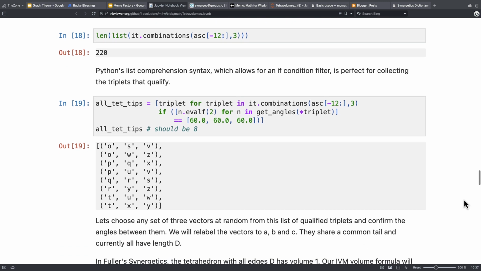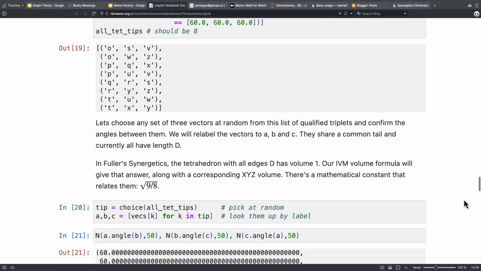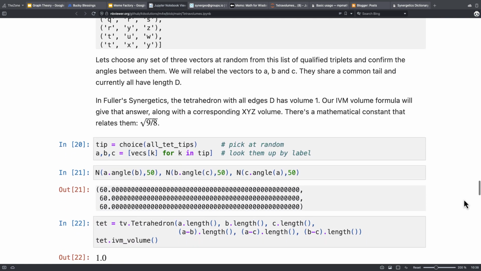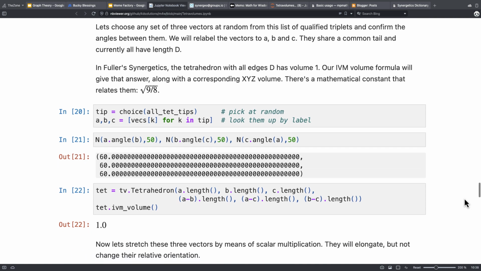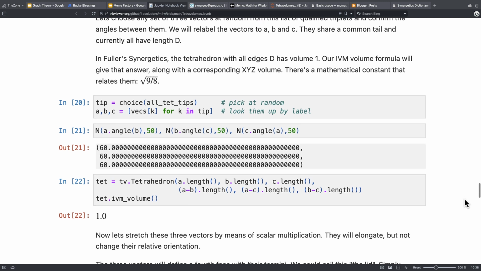And I'm saying, okay, so let's just find those corners that are 60, 60, 60 degrees. In other words, let's take all permutations now of those 12 vectors. Let's take them in groups of 3 and just keep the ones that are clearly the tip of a regular tetrahedron.